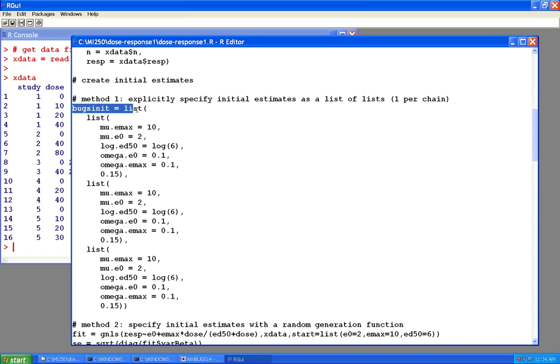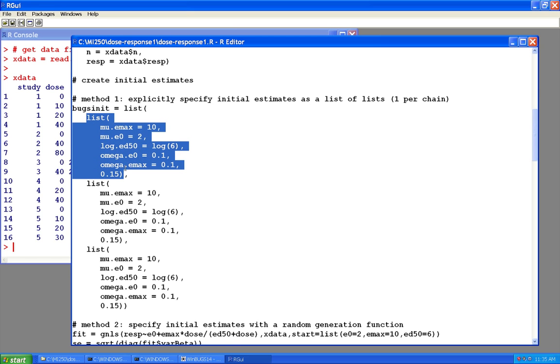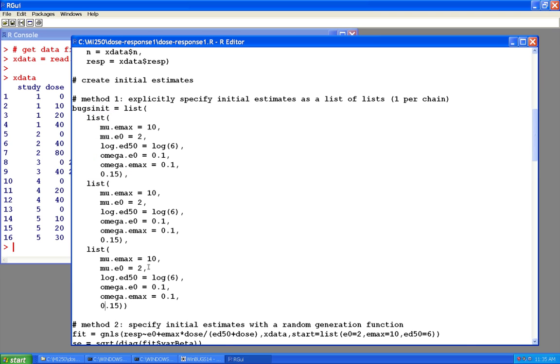I've got bugs.inits equals an overall, umbrella list, but inside of it I've got lists which provide all of the initial estimates I need. And I see I've made an error of some kind here on top. This wouldn't actually work. Which one is it that I'm missing? I've got omega, I'm missing sigma, right? Is that what I called it?